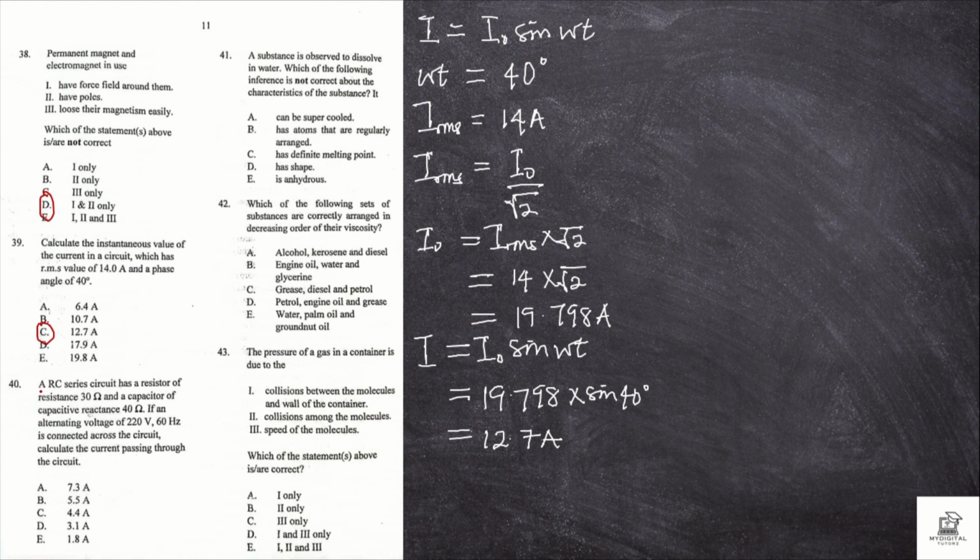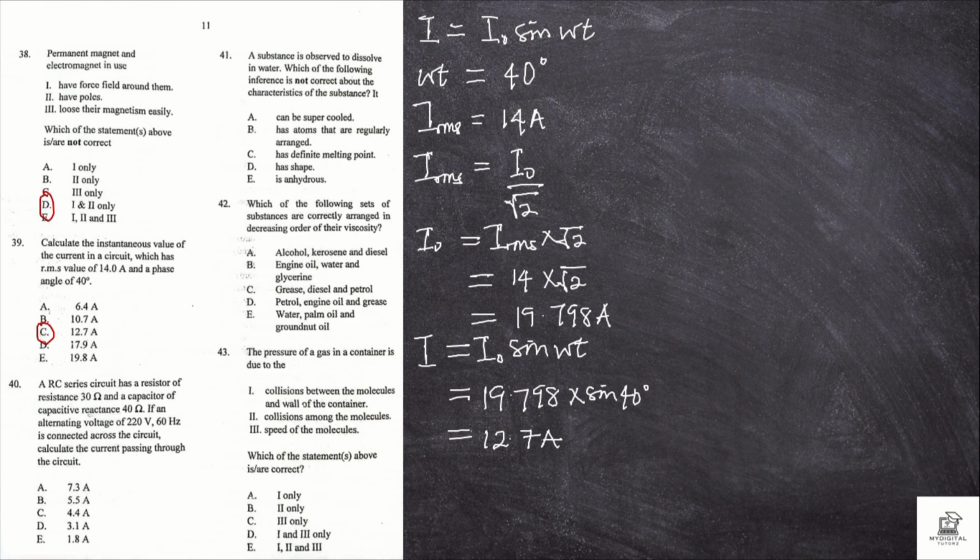Question 40 says a RC, that is resistor capacitor series circuit, right? So we have a resistor capacitor series circuit that has a resistor of resistance 30 ohms and a capacitor of capacitive reactance of 40 ohms. If an alternating voltage of 220 volts, 60 Hz is connected across the circuit, calculate the current passing through the circuit.